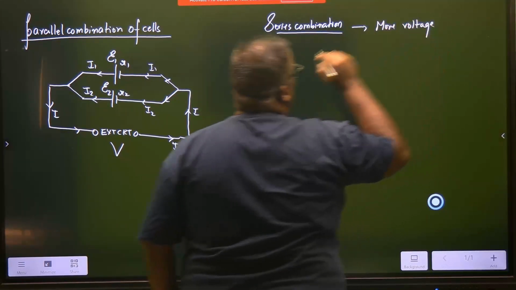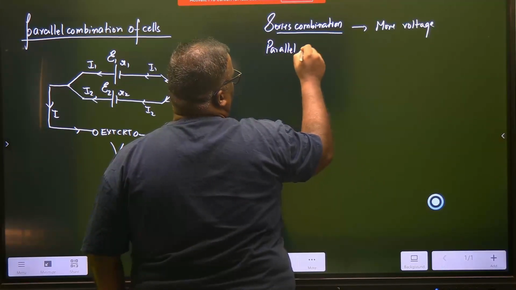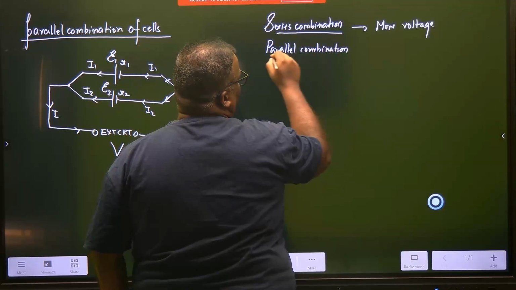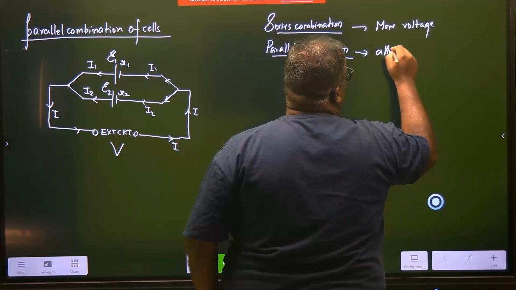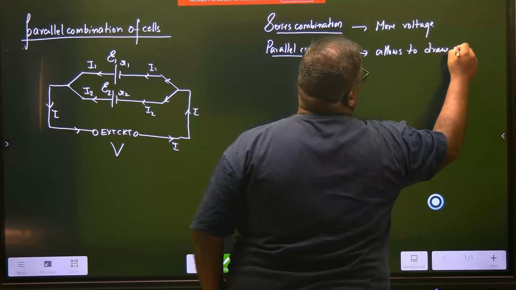If you see a parallel combination, and this is nothing tough, if you use your grade 10 knowledge, that's sufficient. A parallel combination allows to draw more current.